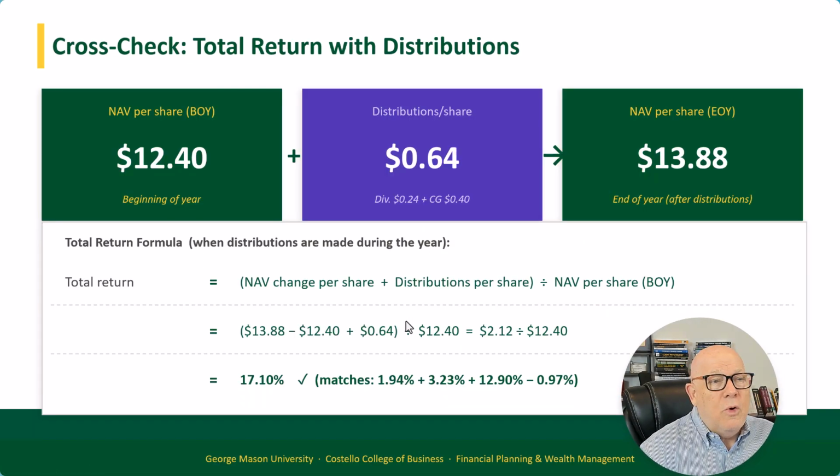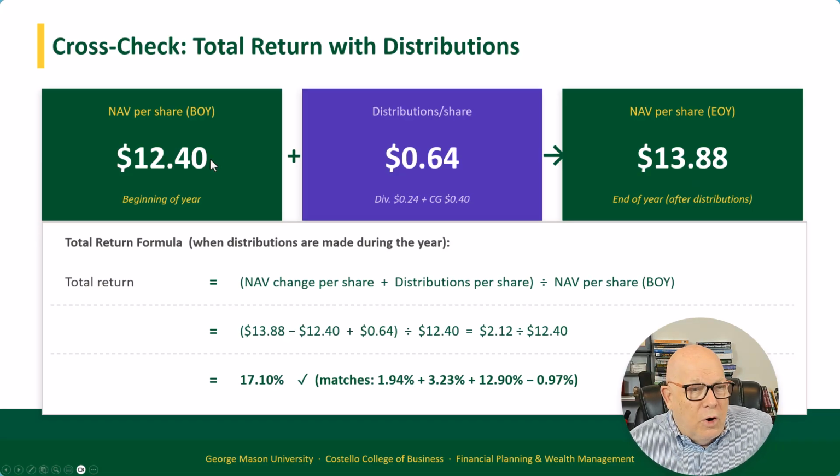So here's another way of looking at it just to make sure that everything makes sense. You recall that we started with a net asset value per share at the beginning of the year of $12.40. They're going to make distributions to us, both dividends and capital gains, of 64 cents per share. And the ending net asset value was $13.88.